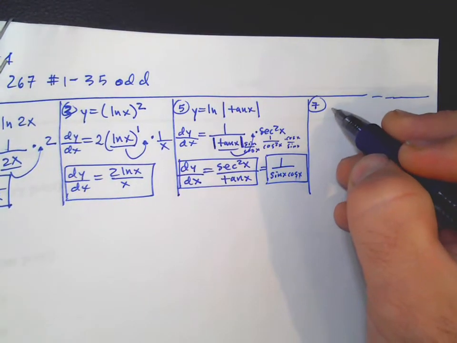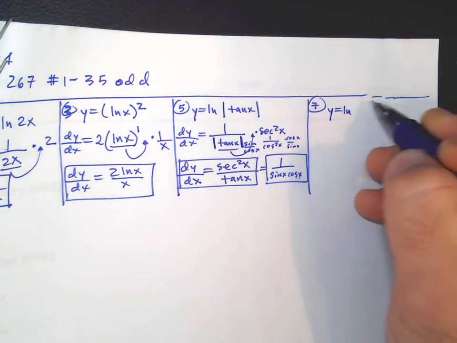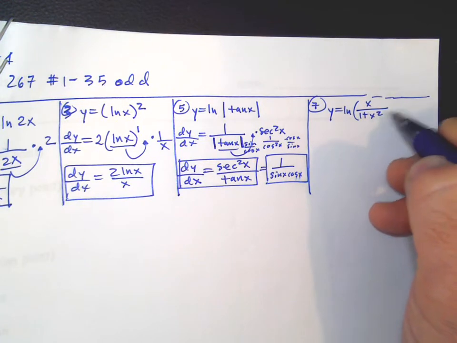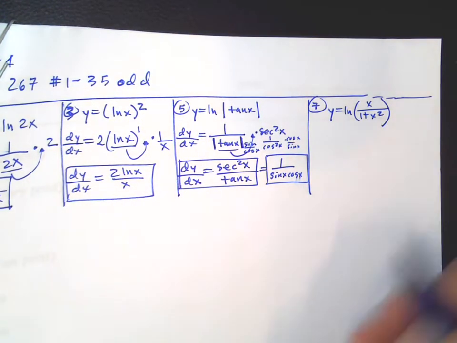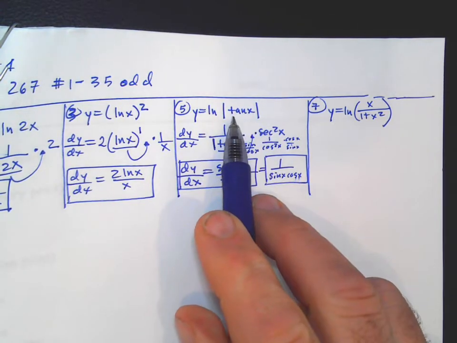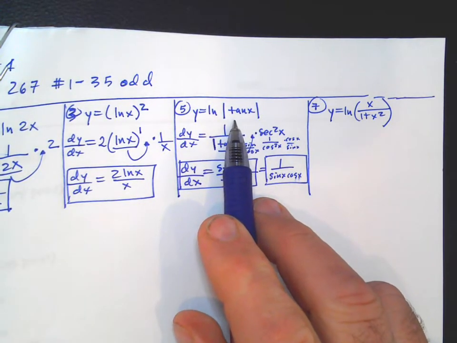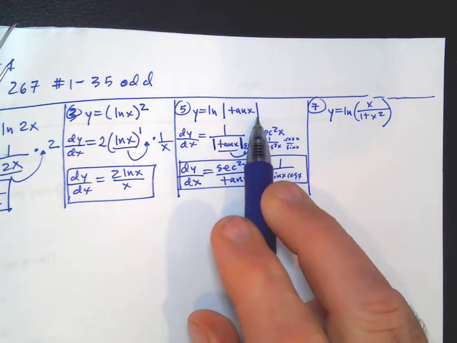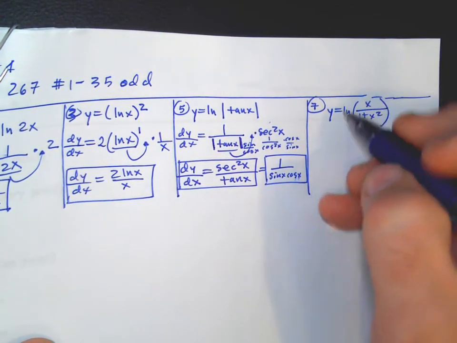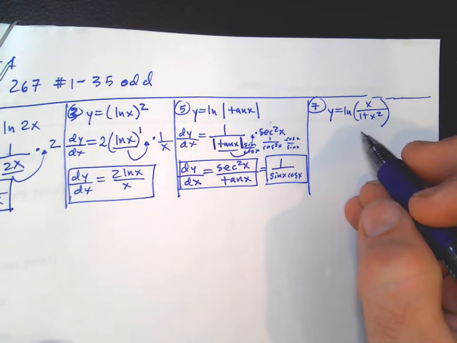Okay, 7, y equals natural log of x over 1 plus x squared. Let's see.